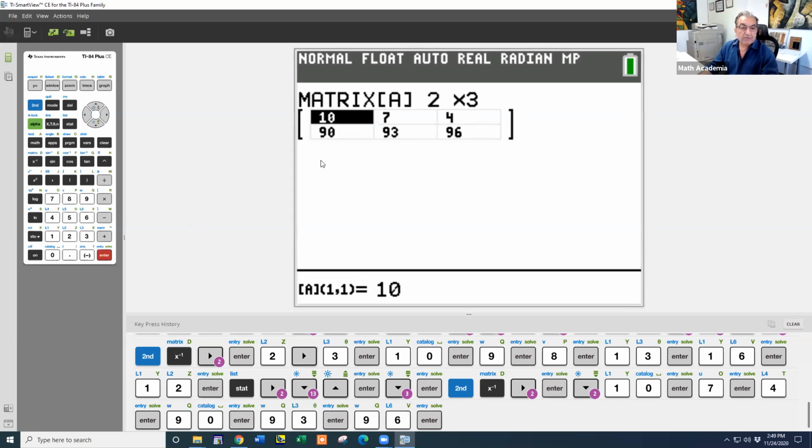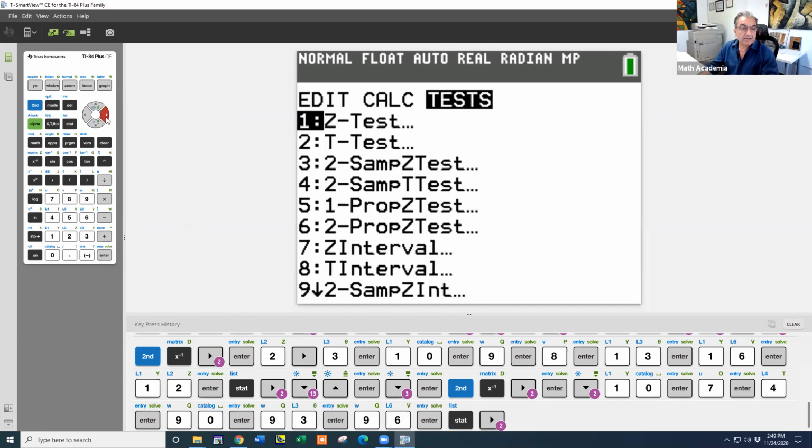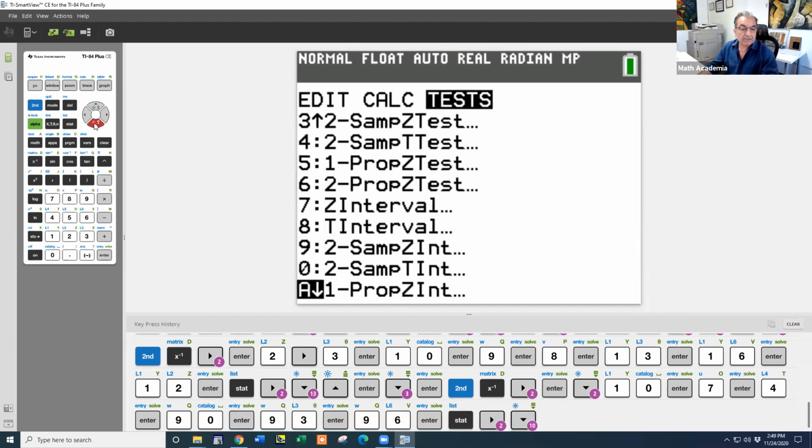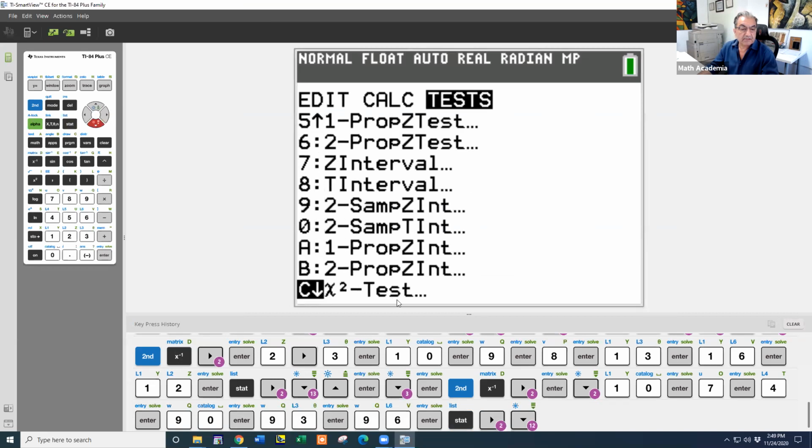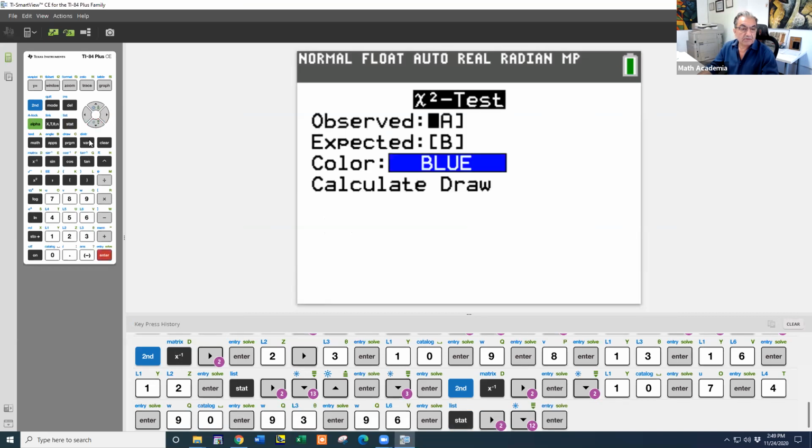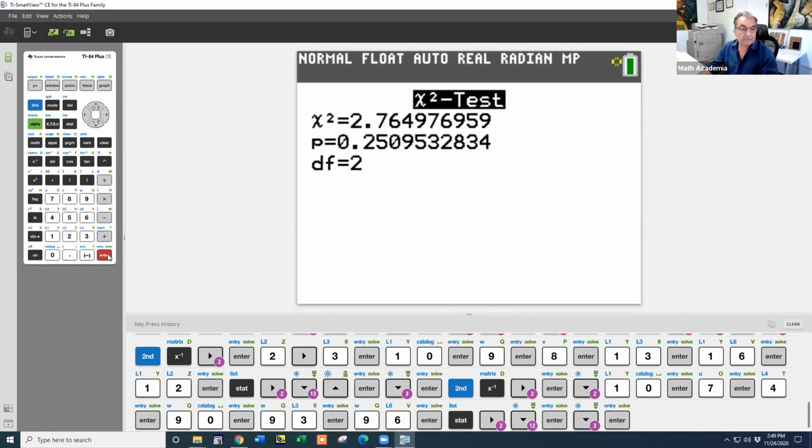So you enter that. Once all the values are entered, go to stat, test, scroll down until you find the chi-square test. And that's the one, C. You enter that, don't do anything else, just calculate.